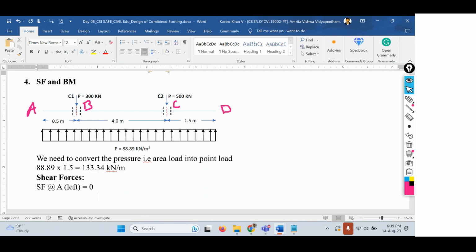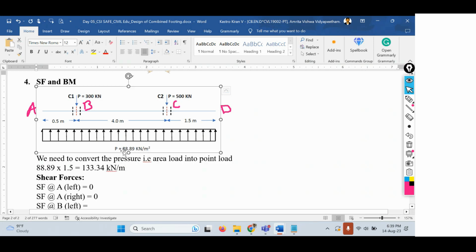Right. Now let us find out shear force at B along the left side. How to find it? You can see the upward soil pressure is available, which is 133.34 kilonewtons per meter. Because we have converted, we should not take this 88.89. That's an area load. We should always consider the point load only.